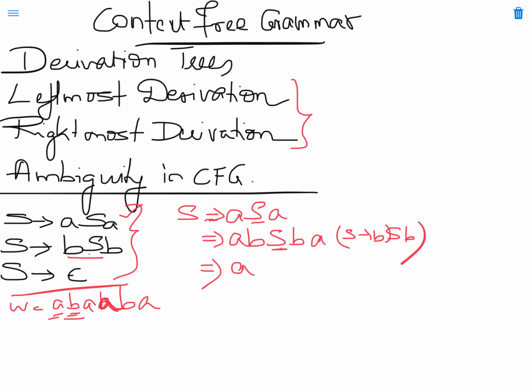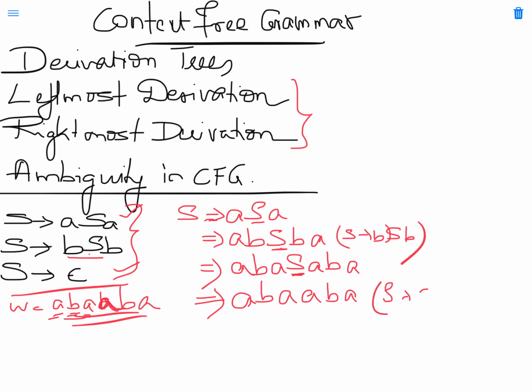Then the next input symbol will be A here, so you have to take the first production again: ABASABA. Lastly, you have to make S epsilon, so that the required string is obtained from the grammar. So take the third production and you will get ABABA. Here you have applied S gives epsilon.